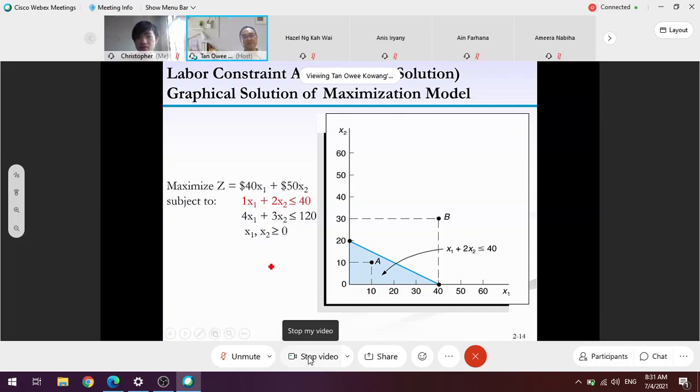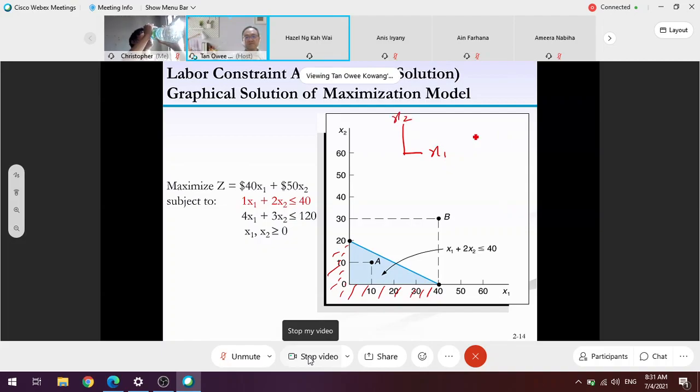Why did I stop at x1 and x2? Why I don't go beyond this? Faham tak? Soalan saya. Kenapa saya start plotting graph like this, x1, x2?